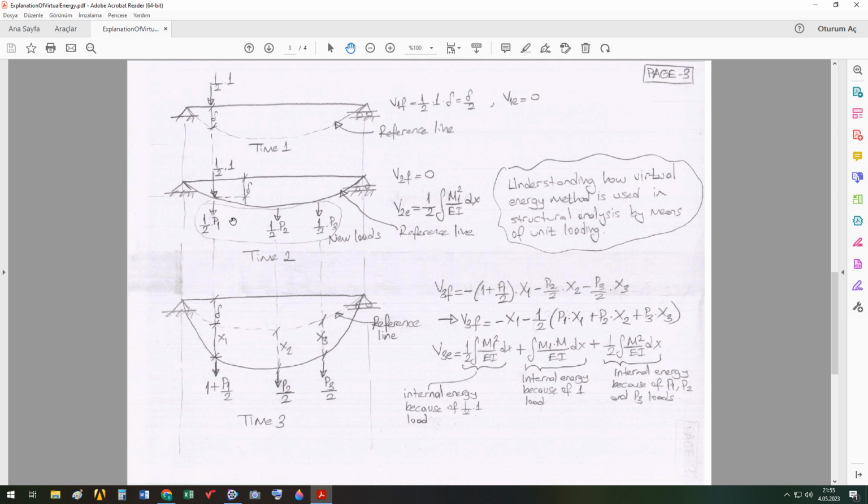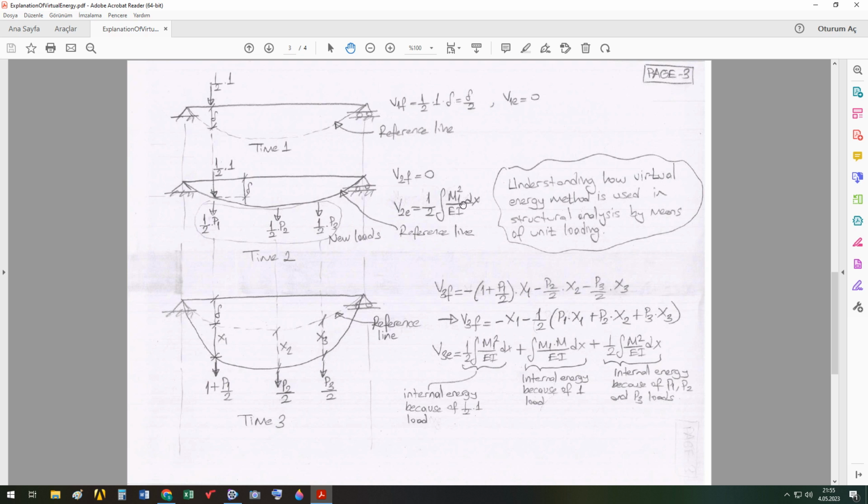But all external forces, the new loads and the previous loads, are all on the reference line. So their distances to the reference line are all 0. So the potential energy of external forces at time 2 is 0, because force times distance is 0. And the internally stored energy, because of this 1 unit load between time 1 and time 2, is, as you know from statics, this value. Since the external load is the 1 unit load, I put 1 here, and 1 squared means that.